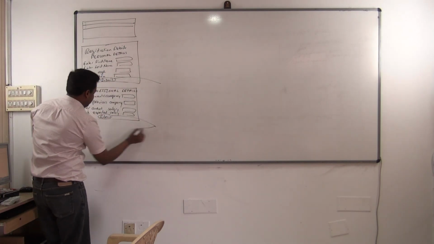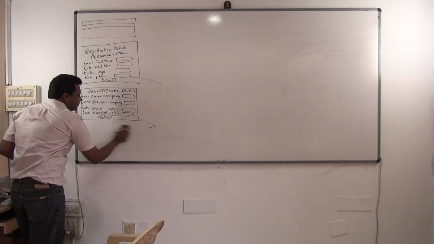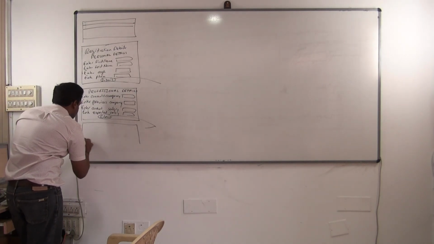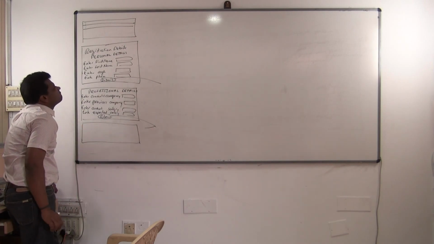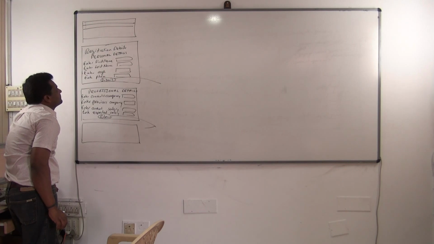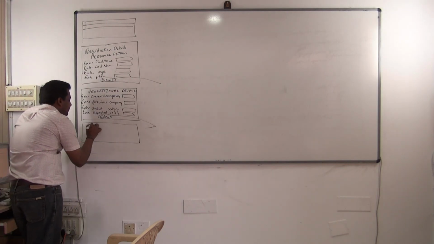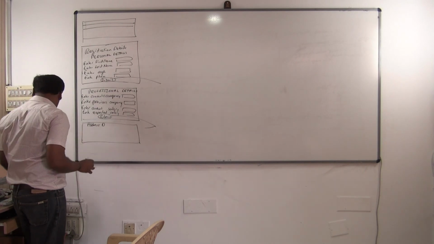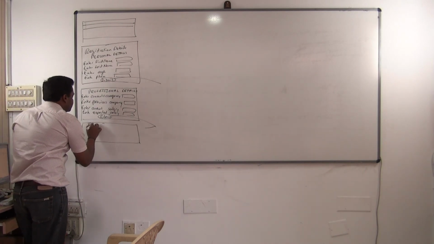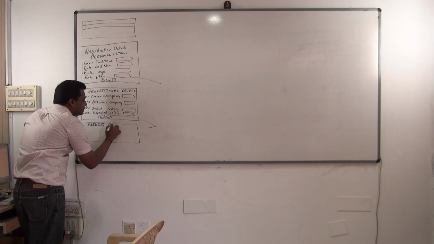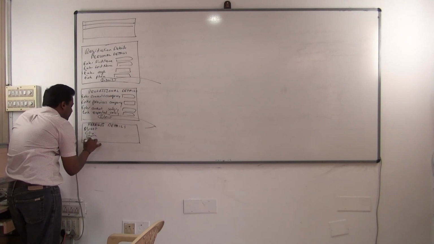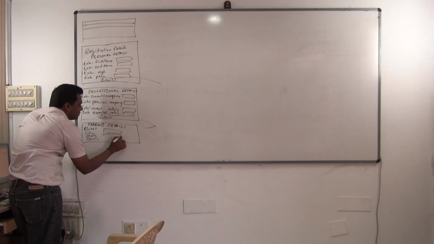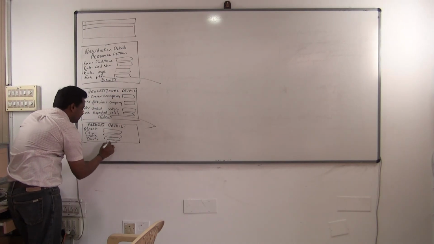Then again you click, then again you'll get one more page. They're telling address details. Address details will be street, city, state, country, and you'll submit.